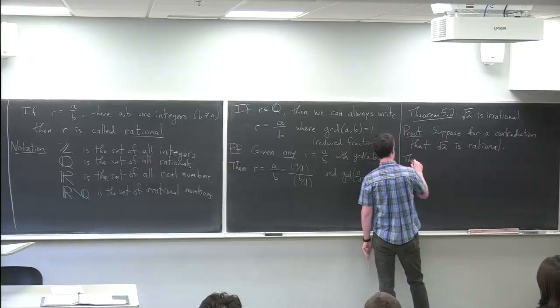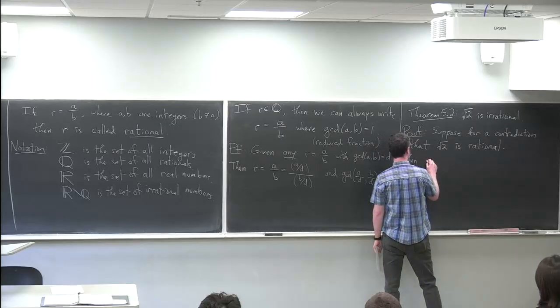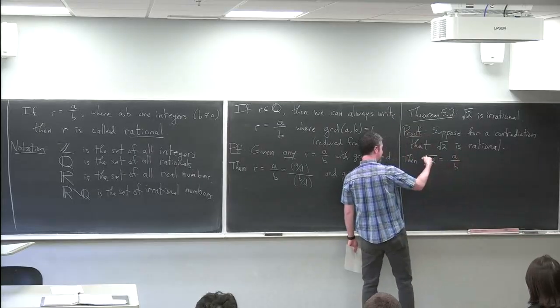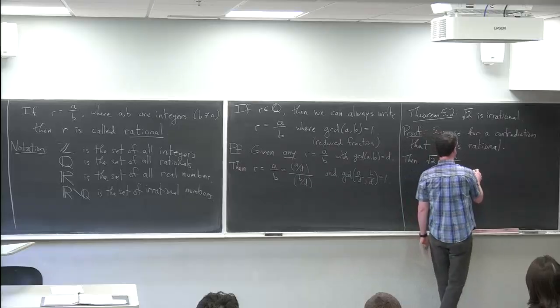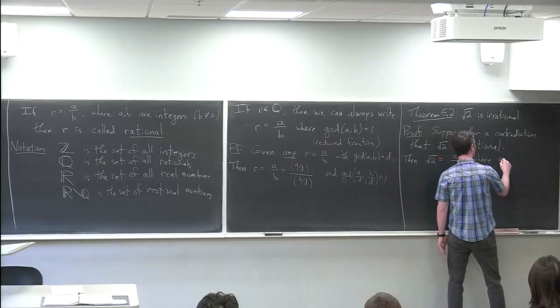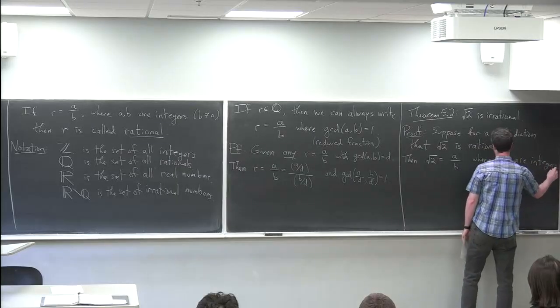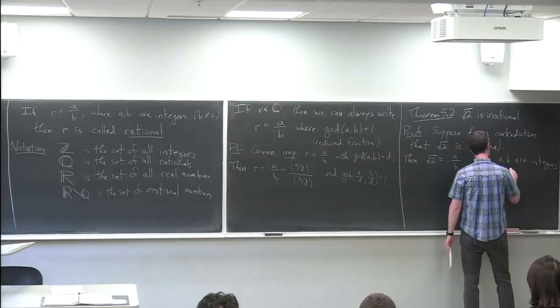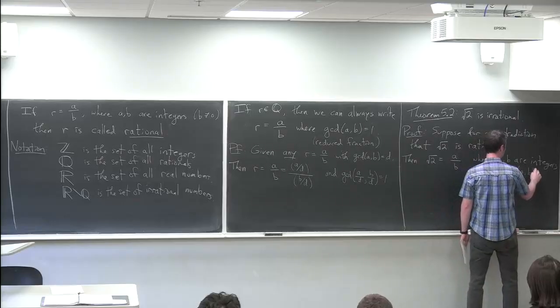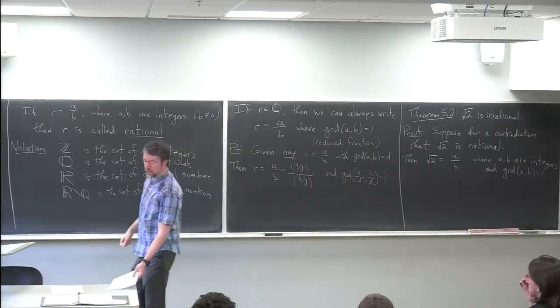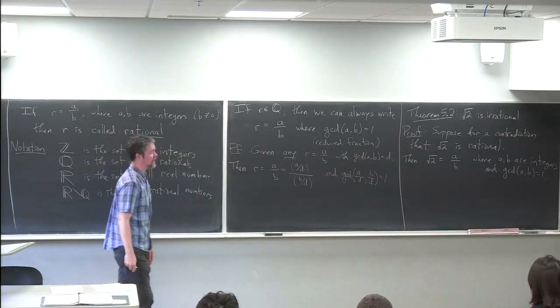So we could write the square root of 2 as A over B, where A and B are integers, and of course, we'll assume this extra thing because we're allowed to, that they are relatively prime.